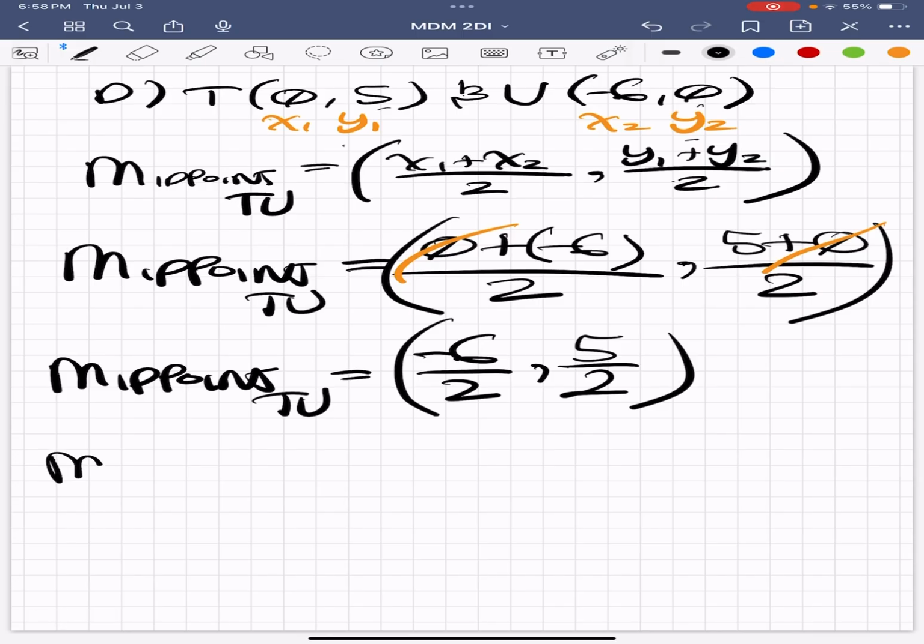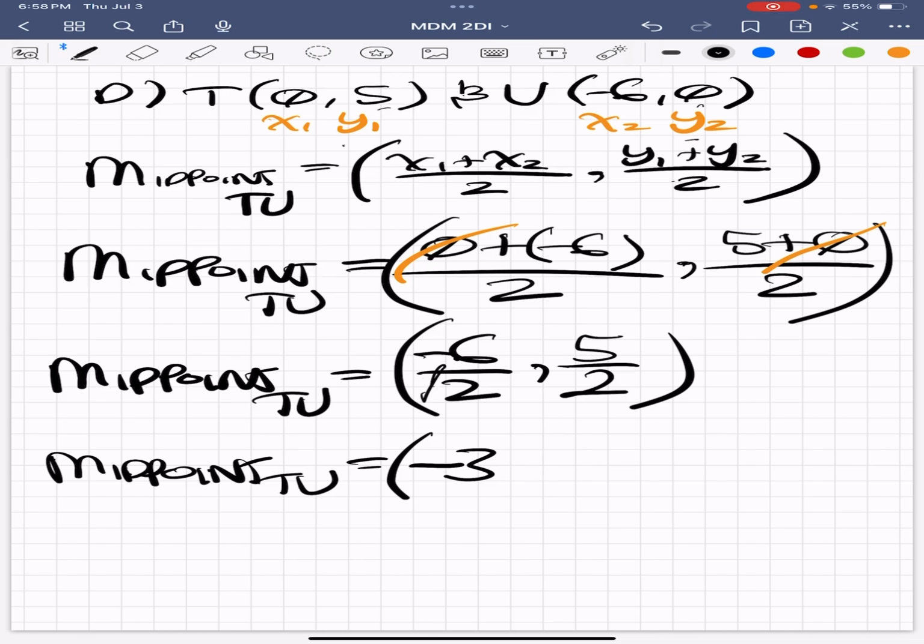We have midpoint, continue. And this is where we're going to reduce the fractions. Negative 3, because 2 goes into negative 6, negative 3 times. So, negative 2, negative 4, negative 6, bingo.